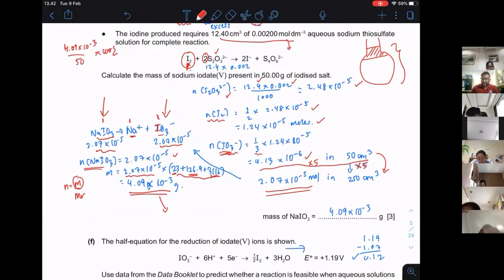I think they feel this question is a bit confusing, and some of the weak students cannot do it, so they just stop at 3 marks. If you do this, you will get this answer, 3 marks, and they stop there. But some questions can continue to percentage by mass, so please take note of that.